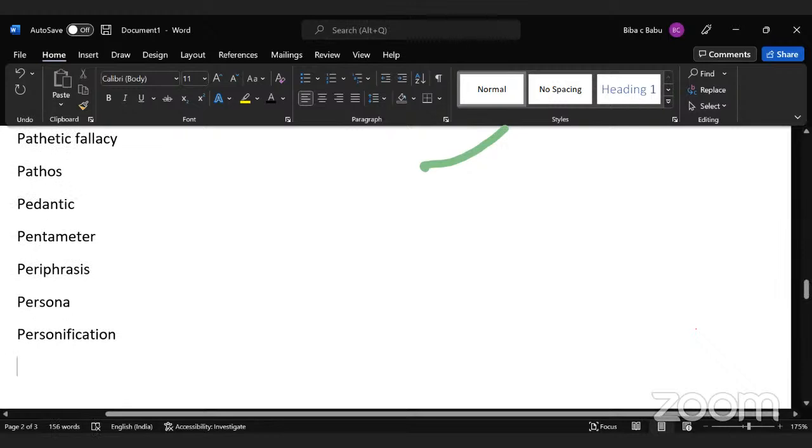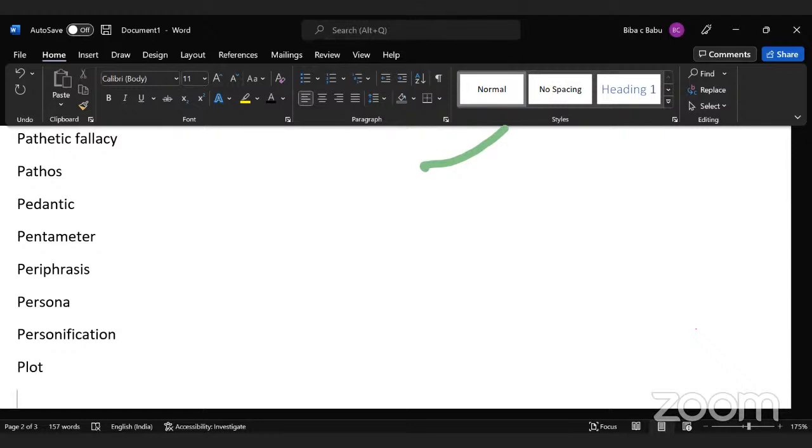Personification is giving human characteristics, feelings and emotions to objects and animals, giving them human ability.